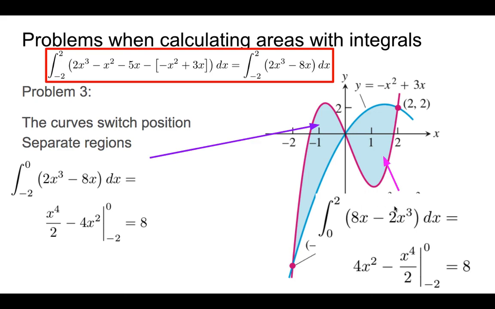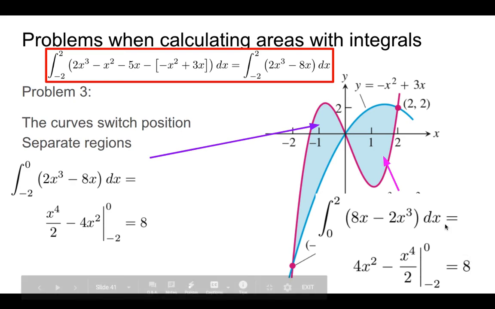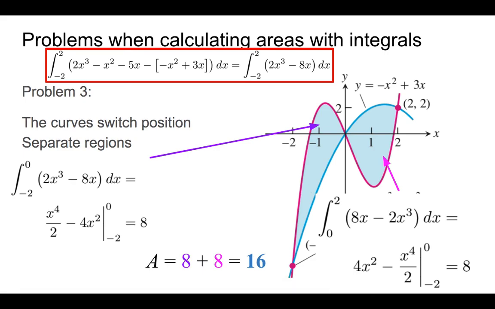And if you do that and solve, you obtain another 8. So the full area is going to be the two results that you got, and you have to add them. Every time you have to calculate a region that is not actually just one, that is separated, or that the curves switch positions, you have to do it separately.